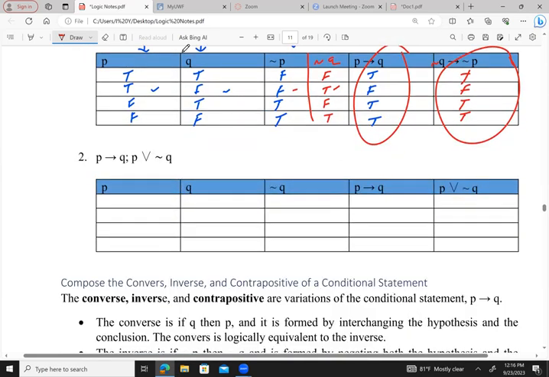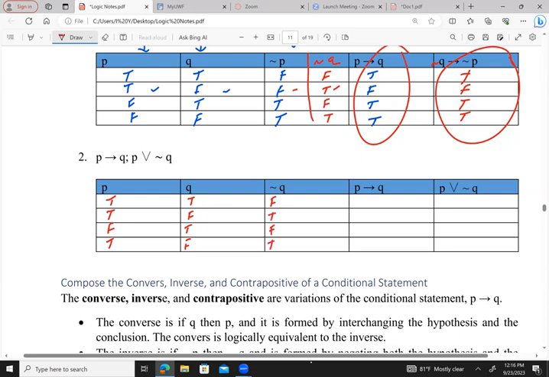Okay, let's see if this one works. All right, so we have P: true, true, false, false. Q: true, false, true, false. Not Q: false, true, false, true.